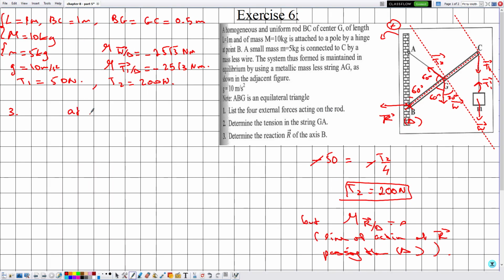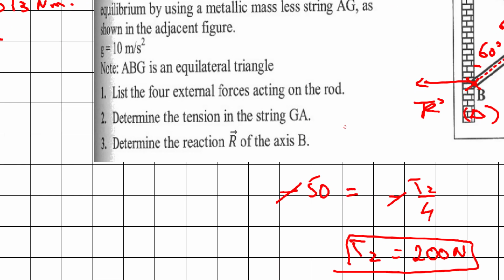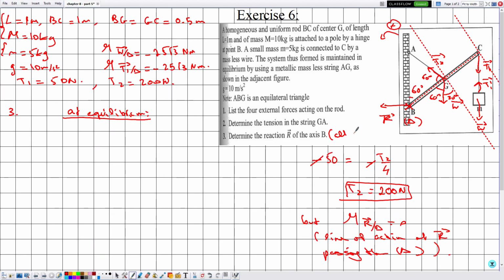Then at equilibrium, let me write it in black, just to indicate that this is part of the question: all the properties of R. So we will determine R in the vector notation. Once we determine R in the vector notation, we can determine all the properties of R. So we will say that the sum of forces is equal to 0.